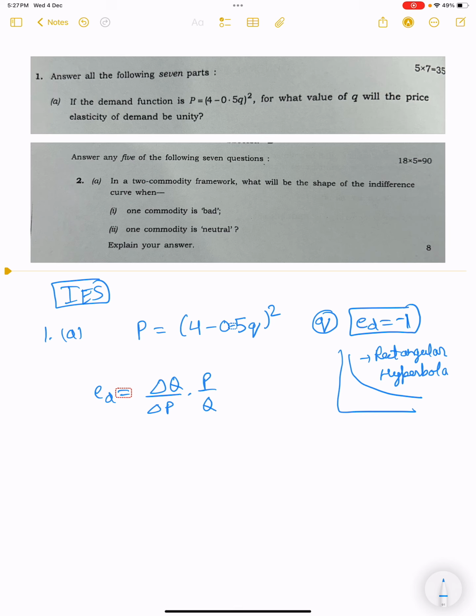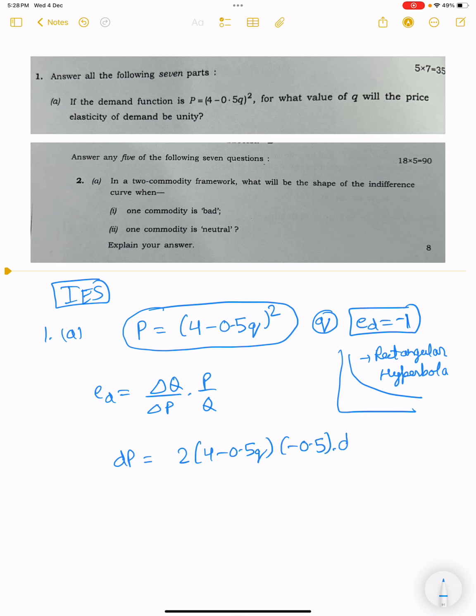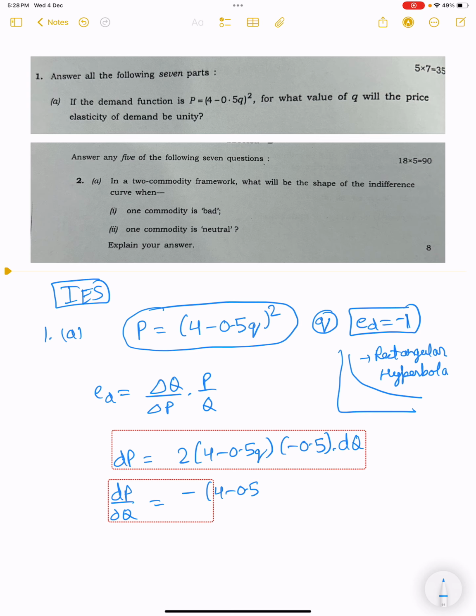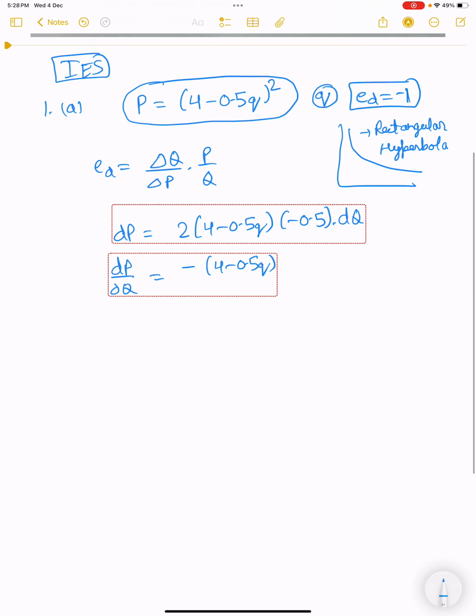With the help of this equation, we can find del P equals 2 times 4 minus 0.5 Q into minus 0.5 del Q. So del P by del Q is minus 4 minus 0.5 Q. And we know elasticity.